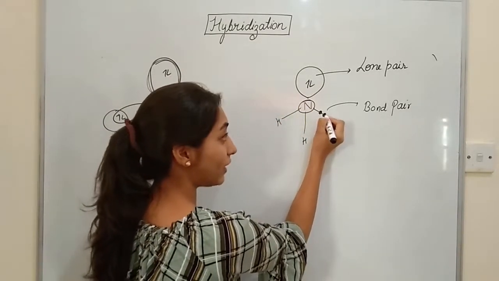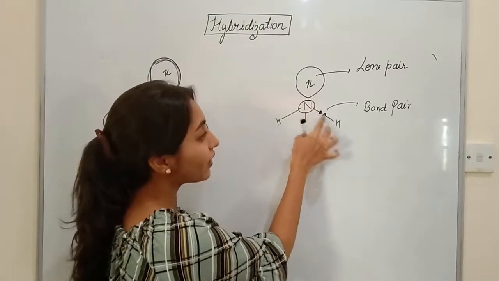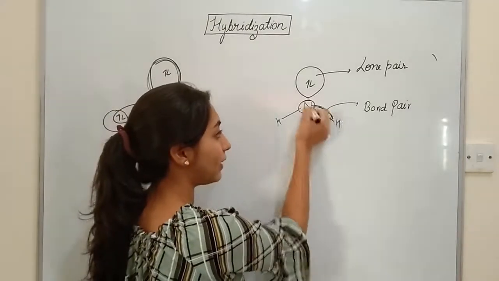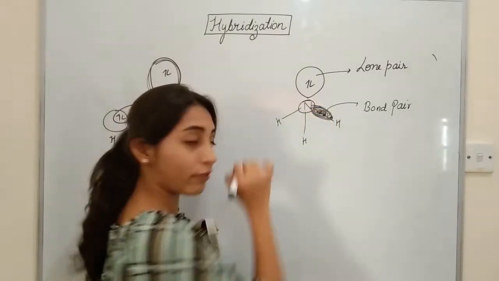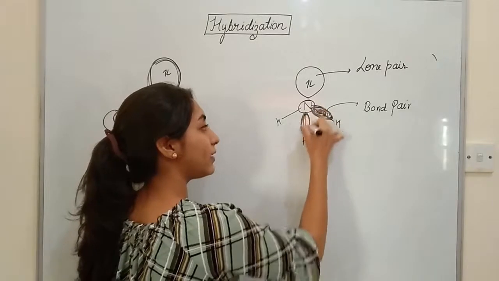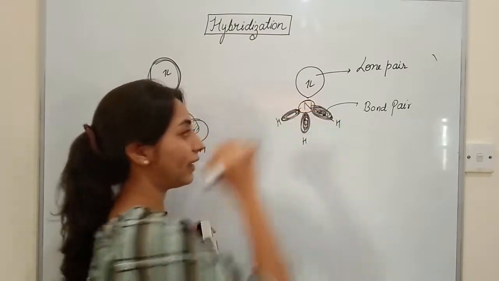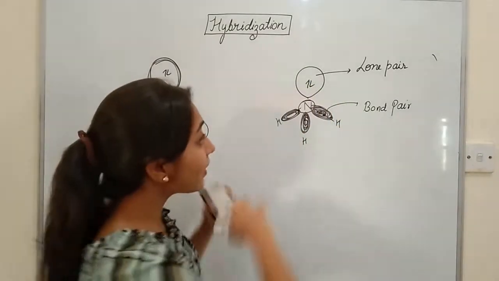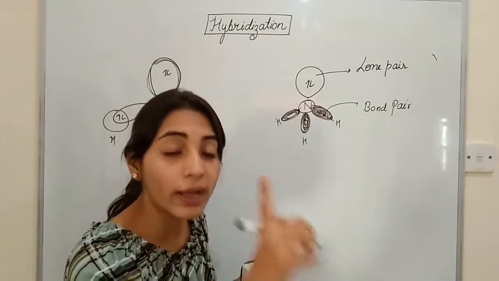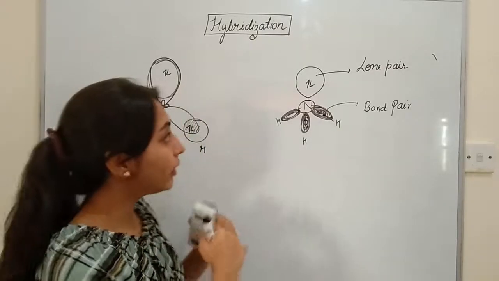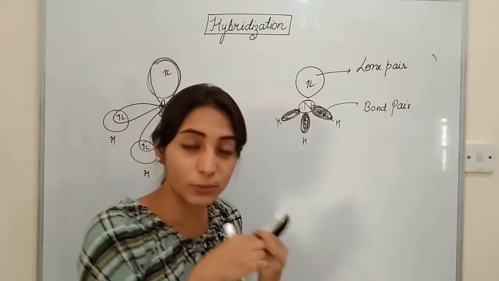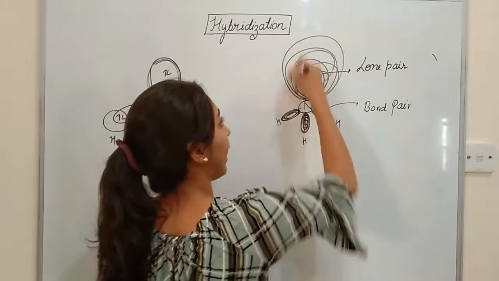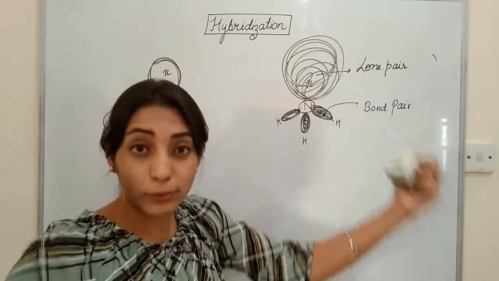These two electrons are under the influence of nitrogen as well as hydrogen. So they are confined in this much area. Similarly, these two are confined in this much area. Similarly, these two are confined in less area. But you look at this pair of electrons. This is under the influence of only one parent atom, which is nitrogen. There is no other atom to keep a hold on these two electrons. So they spread like anything, and they want to occupy more and more space.